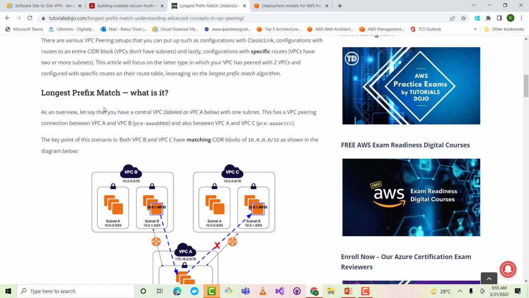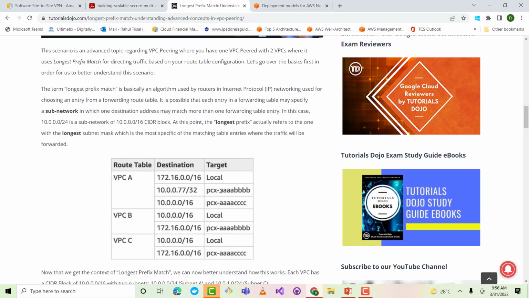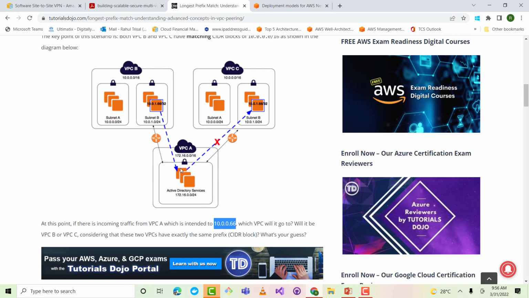So what longest prefix match says is that it will go to the VPC which has the closest matching route table entry. You can see here there's a route table entry connecting the VPC A subnet to the VPC B subnet 10.0.1.0/24, and for VPC C you have connectivity between the VPC A subnet 172.16.0.0/24 and the VPC C CIDR.